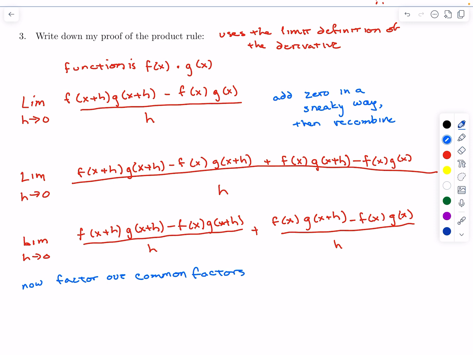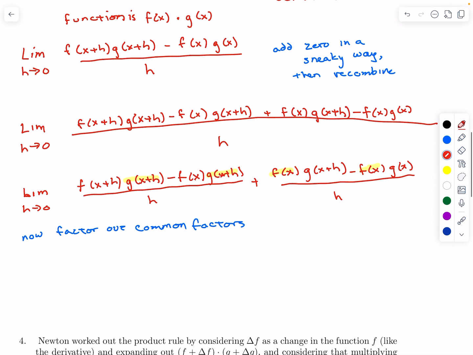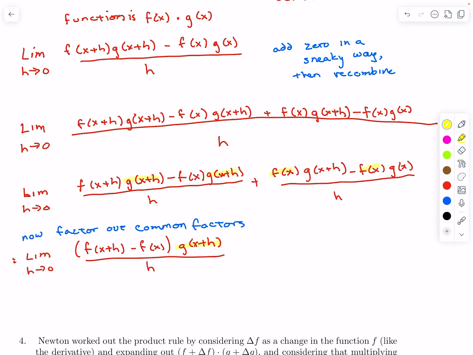Okay, in the first piece, the common factor is the g of x plus h, and in the second piece, the common factor is the f of x. So let's just see what we got. And again, the common factor is the one I factored out.